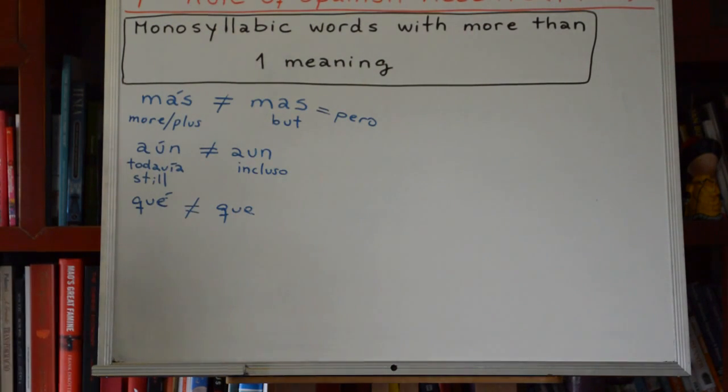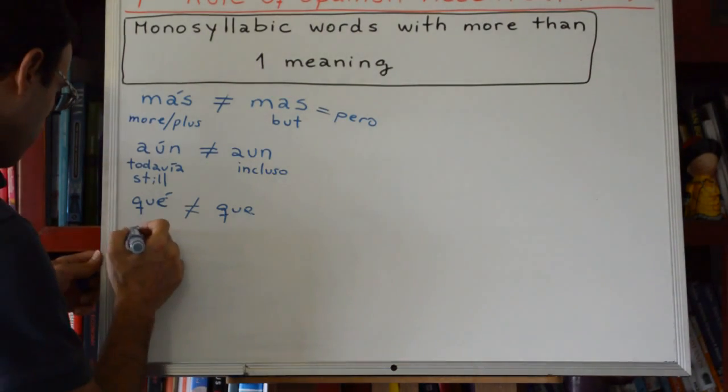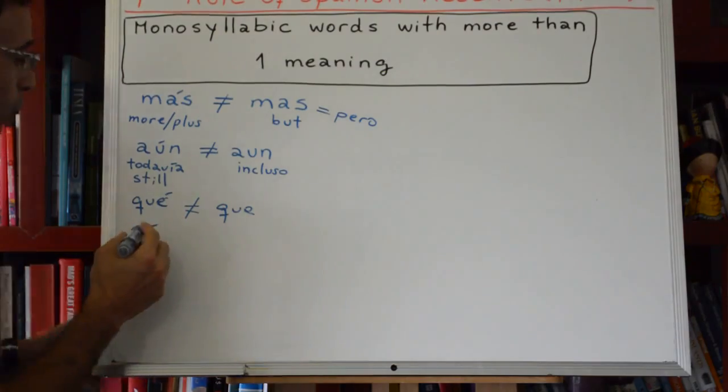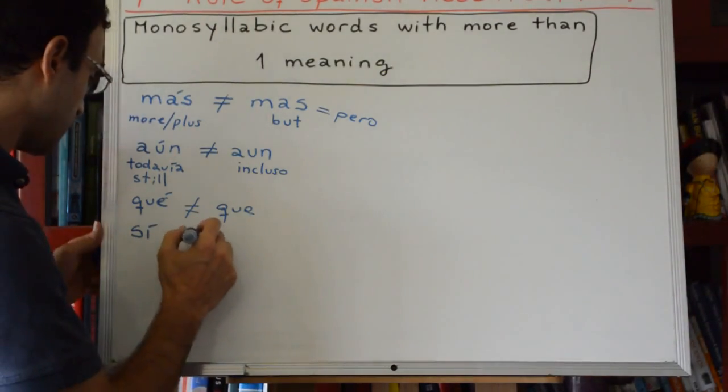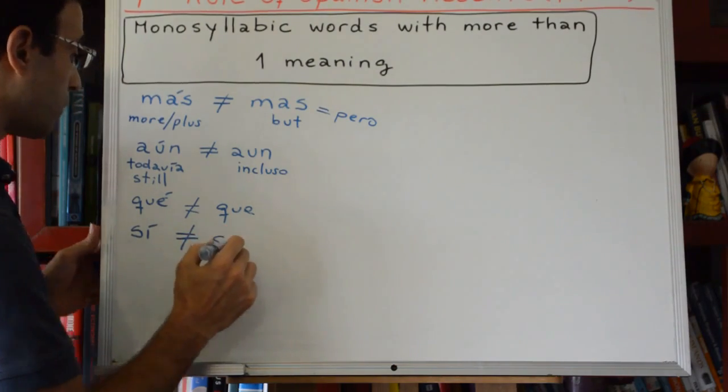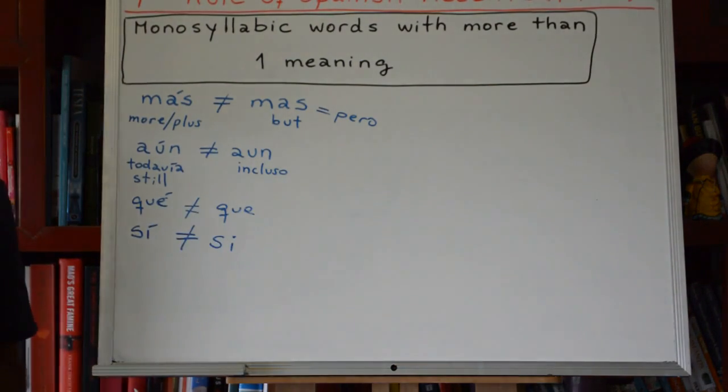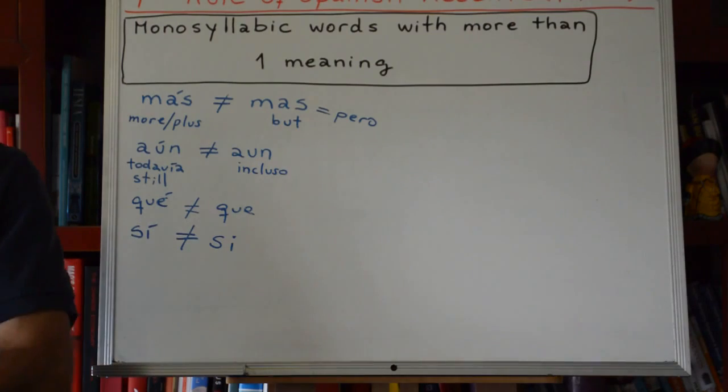So let's see some more examples of monosyllabic words. The word sí. Sí with a tilde means yes. Si without the tilde means if, the if-then clause, okay?